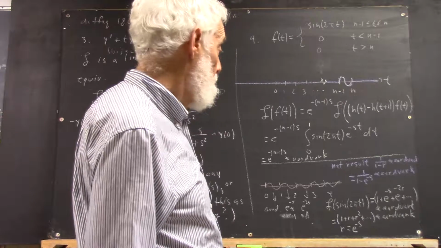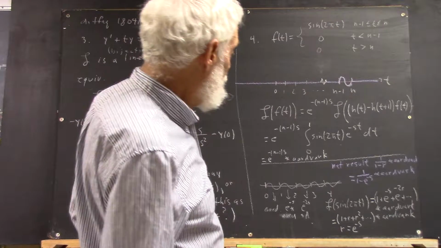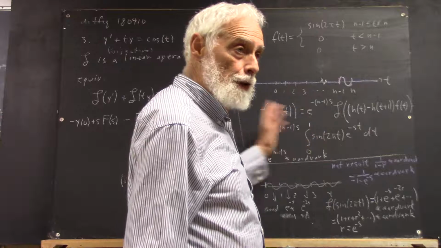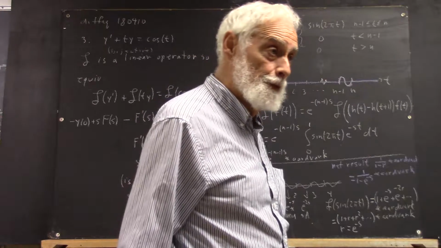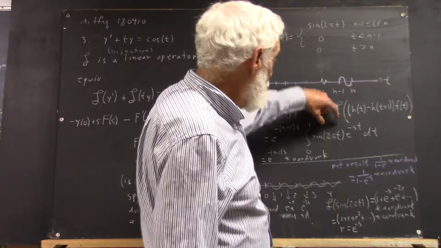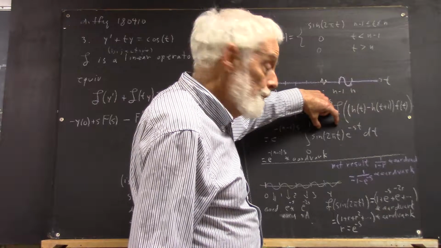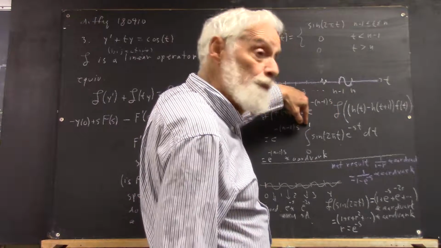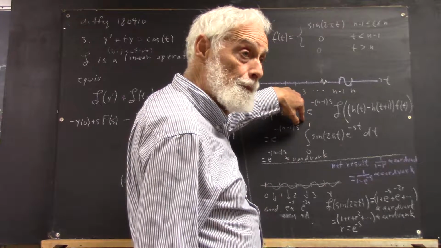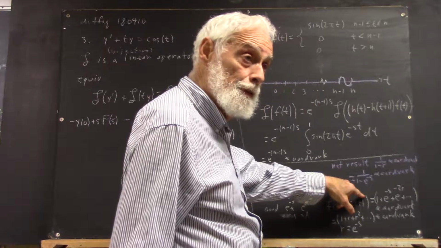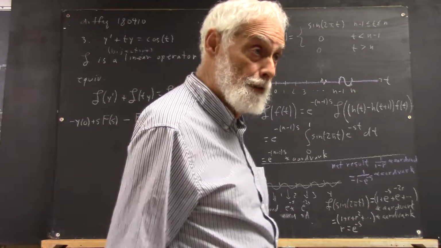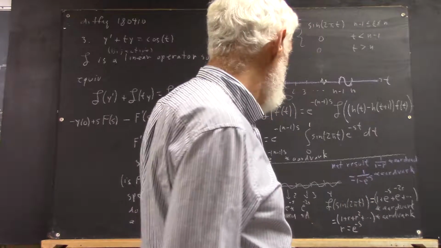So now, in order to get the Laplace transform of the whole sine function, we can do the integral on just the interval for one period and divide by 1 minus e to the negative s.